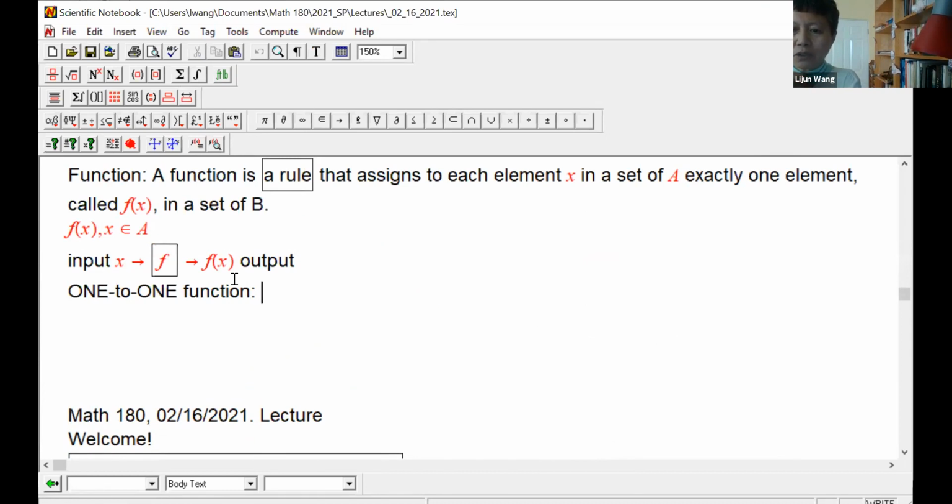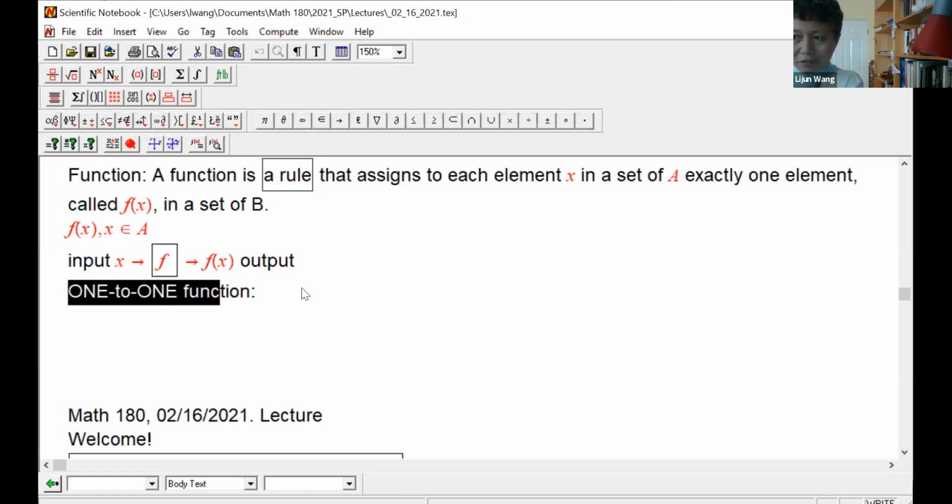Did you notice I'm trying to get you to focus on the words? Could you read the definition of function one more time?